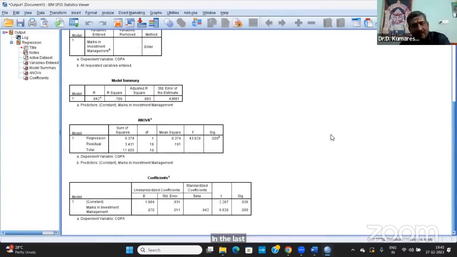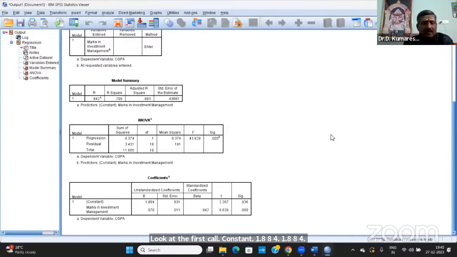So it provides coefficients. Look at the first column. Constant, 1.884. What is constant?